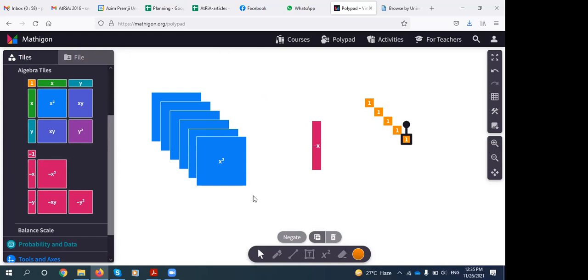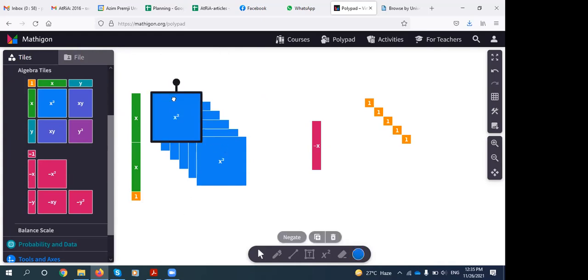Now we have to put the border here, so that we will do 2x plus 1. We are dividing by 2x plus 1.